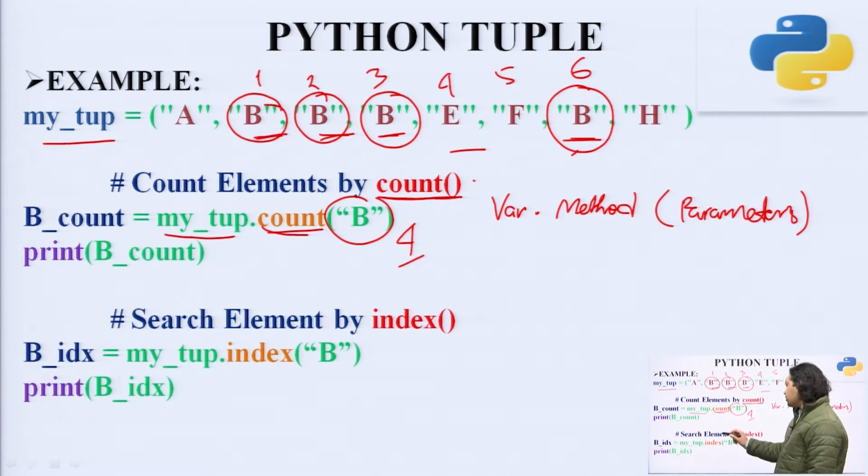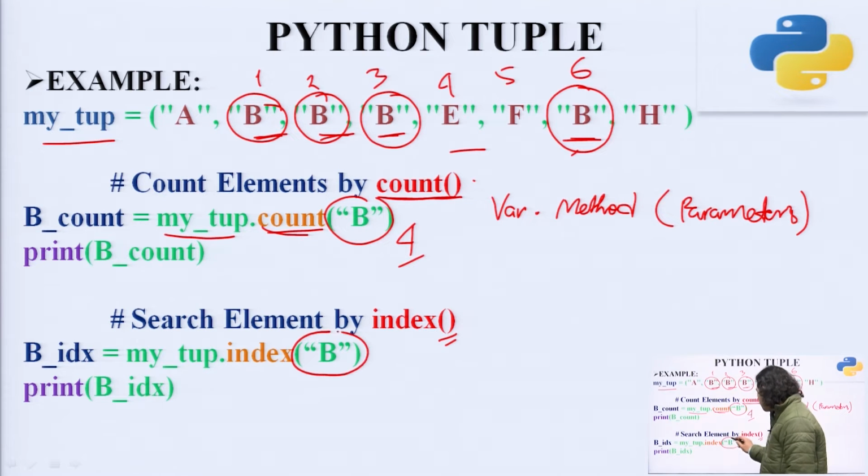Similarly, you can search the elements by using the index method. In the parameter we are passing the information, that is, what element you want to search for the specific index value. So, we are trying to find out the B in my tuple.